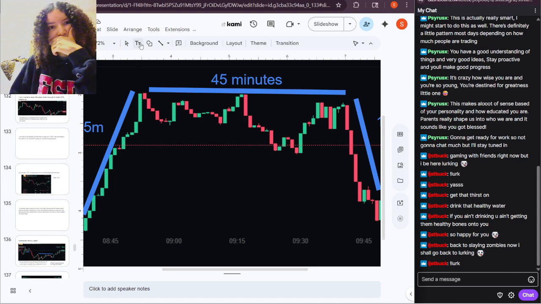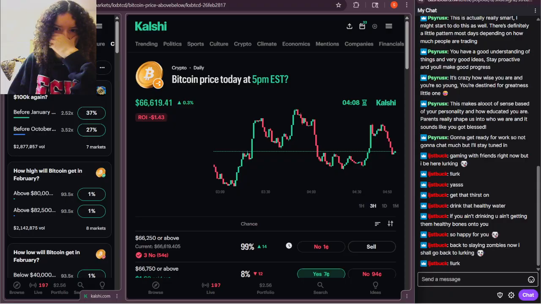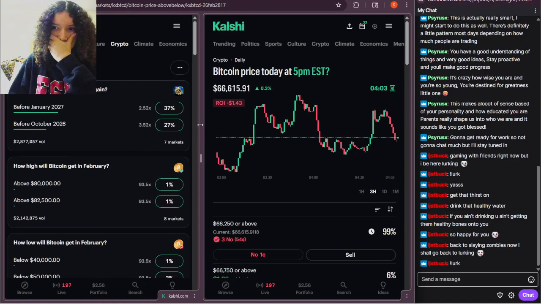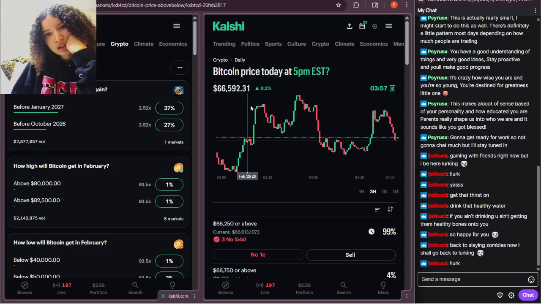But I think the best bet is betting on the opposite to the latest spike overall. Because see how this uptick, we know the next thing is going to be down.